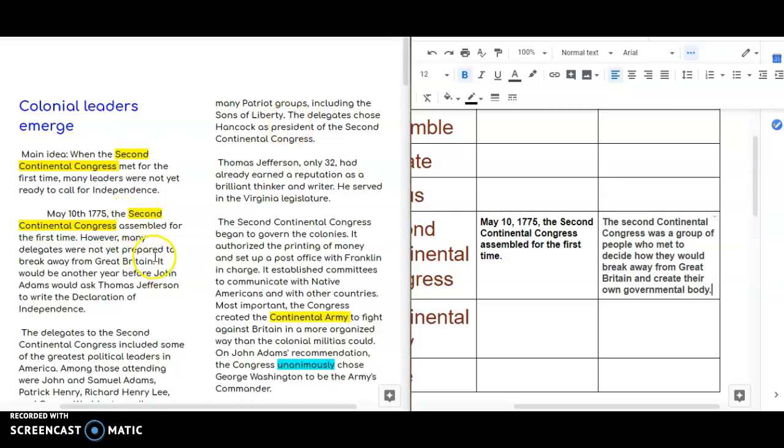Okay, so that's Second Continental Congress.